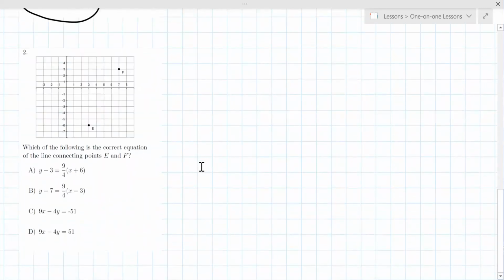Okay, so which of the following is now the correct equation of the line containing points E and F? So you may find that both of these are right or wrong, but go ahead and start out by writing it in point slope form, please. Y plus 6 equals 9/4 times x minus 3.